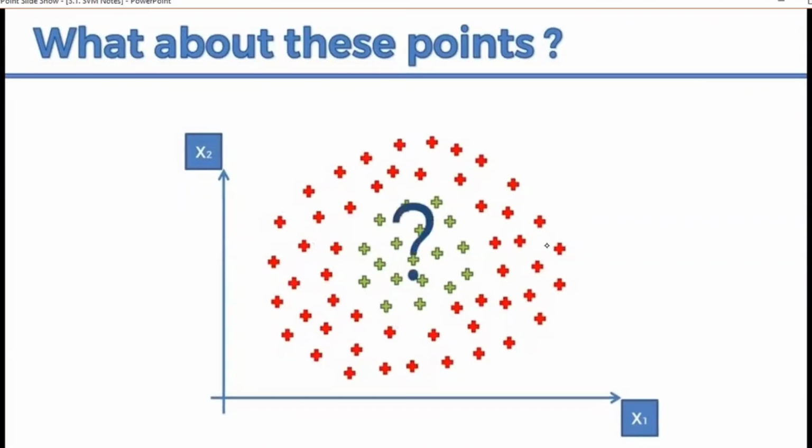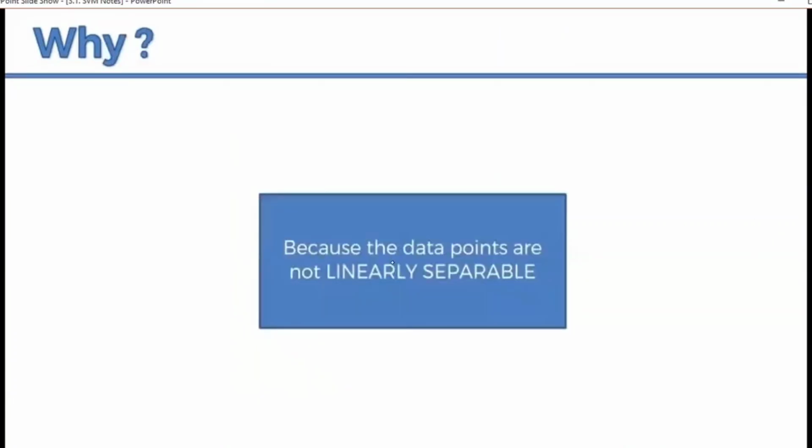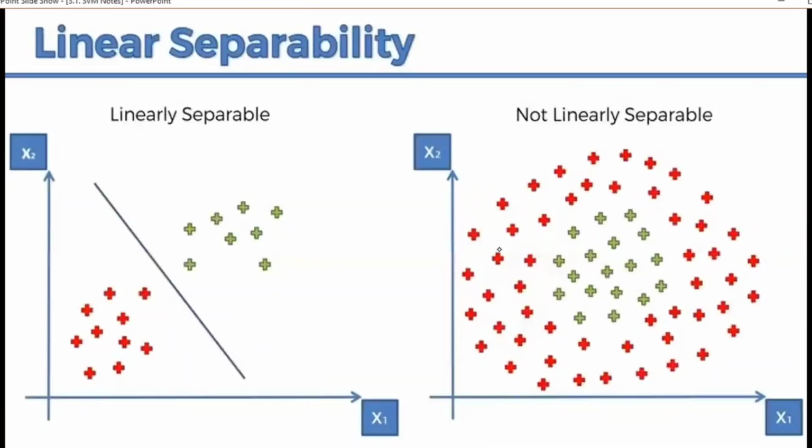In this case, what are we going to do? Because the data points are not linearly separable, we are going to have a non-linear separation. Non-linear separation is one option, or the second option is to move to a high dimensional space. The special thing of SVM is high dimensional space.